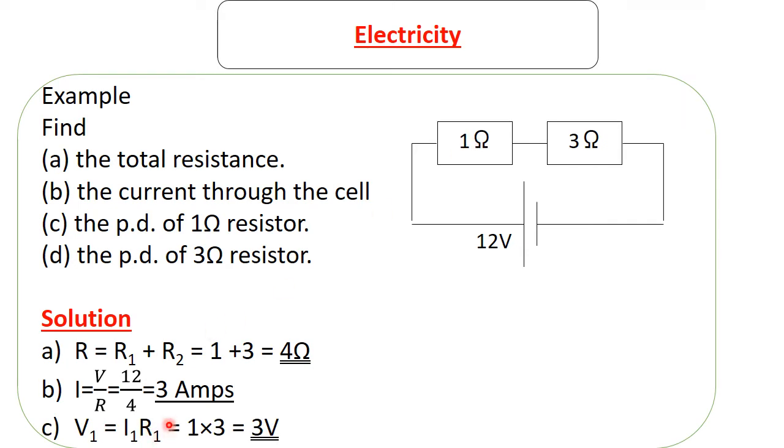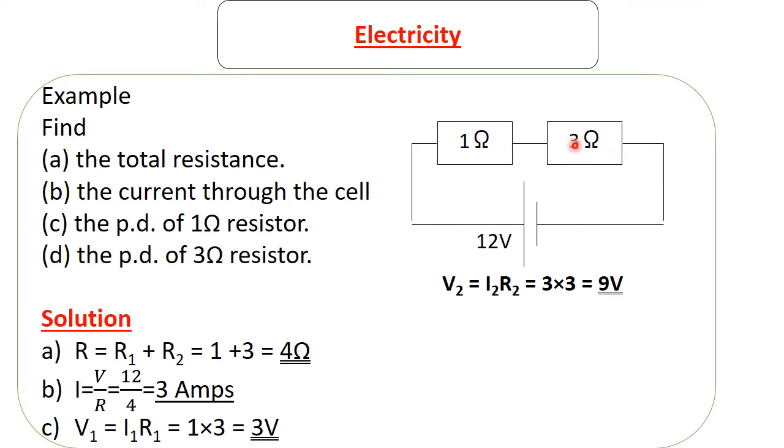So I add in ones just to show that we're talking about the 1 ohm resistor. The current is 3 amps multiplied by 1 ohm. I put the value of resistor in front, but it doesn't change anything. So 1 times 3 is 3 volts. So that's the potential difference, or the voltage here.